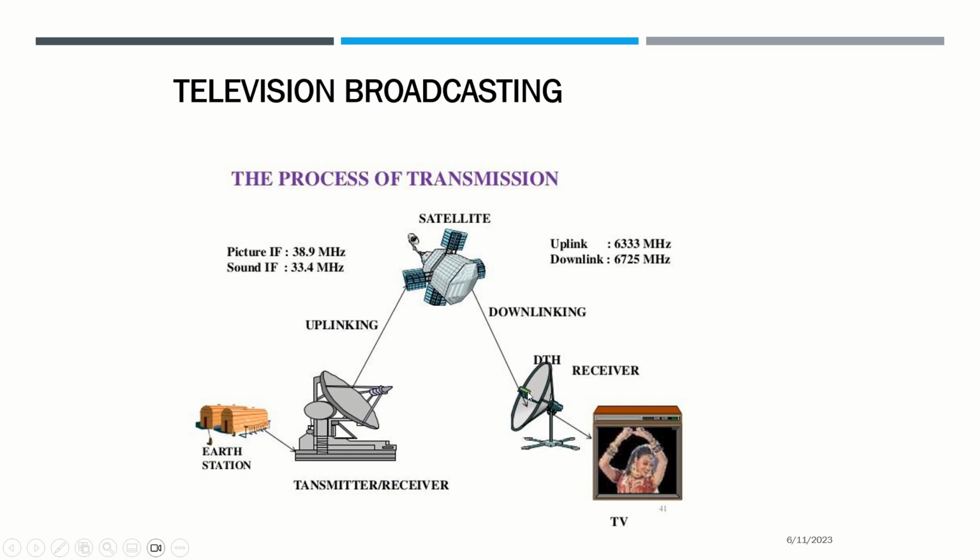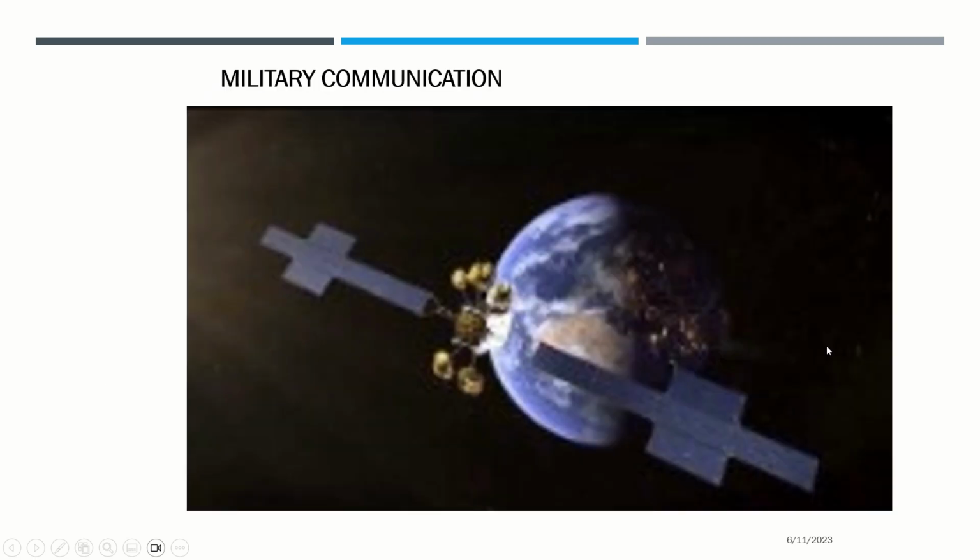That is why we keep this dish in our homes to receive the signal. From the dish, it is connected to a receiver. We all have a receiver kind of thing. The signal is received and converted to an analog one. So this is the whole process of television broadcasting.